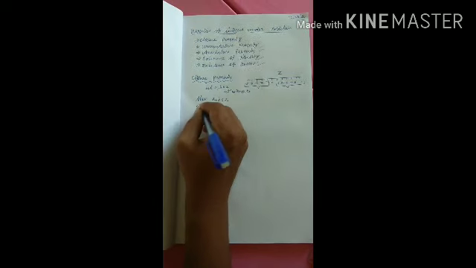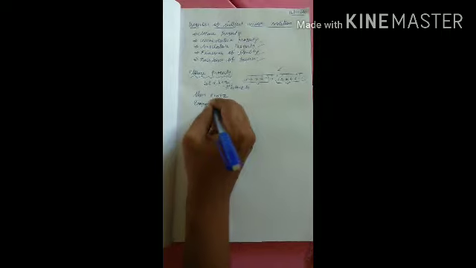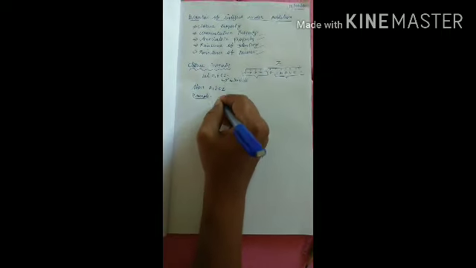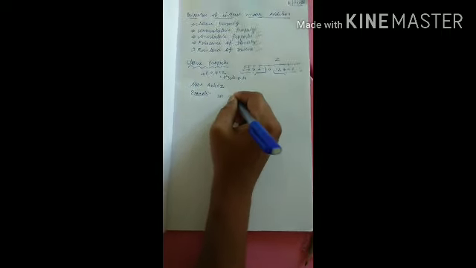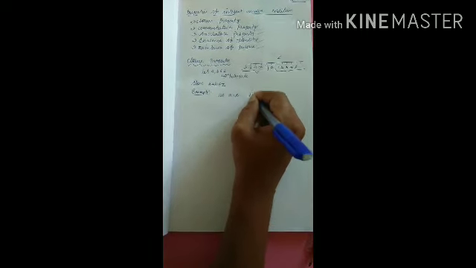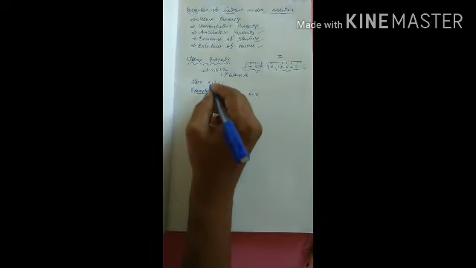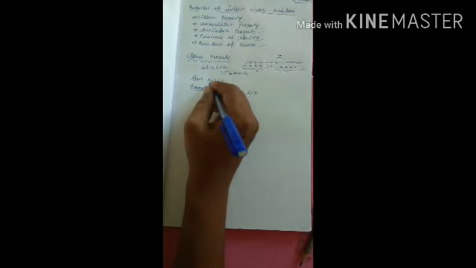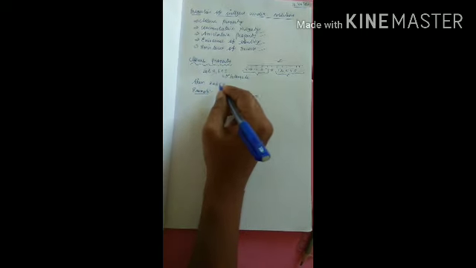Example. Let me take a equal to 2 and b equal to 3. What's the condition? Closure property: the sum of these 2 integers is also an integer.